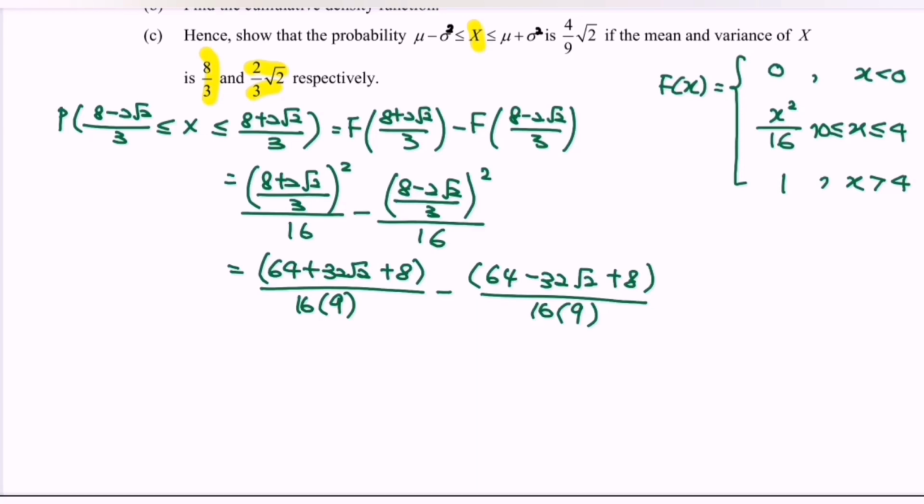If you notice that, we can see that 64 minus 64 is 0, and 8 minus the 8 is 0. So if we simplify, we will have 64 square root of 2 over 16 multiplied with the 9. Simplifying, 64 over 16 is 4, so we have 4 multiplied with the square root of 2 over 9. So we already showed the situation.